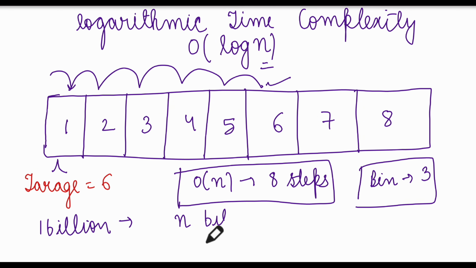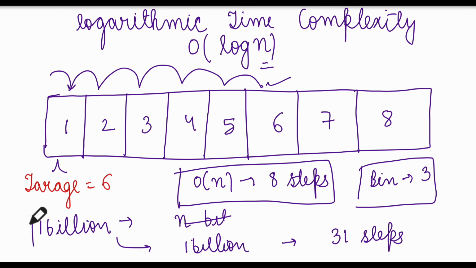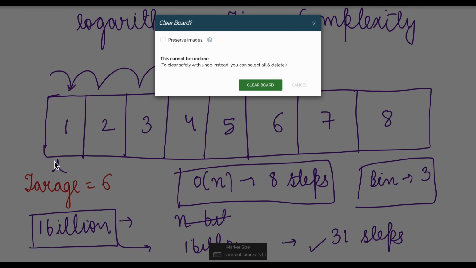Similarly, for 1 billion elements, linear time complexity will take 1 billion steps, 1 billion iterations or observations, but log n time complexity will be able to do it in 31 steps. So you can see it is able to find an element in a 1 billion data set in just 31 steps. And that is the magic of this particular algorithm which we are going to discuss. Right now we are just going to discuss the time complexity. The algorithm we'll be discussing once we start.